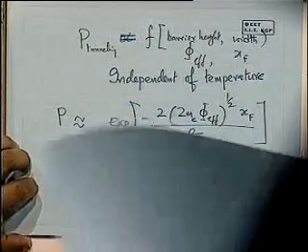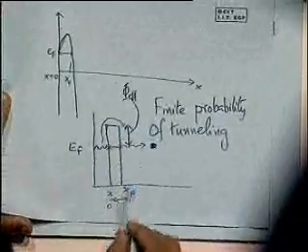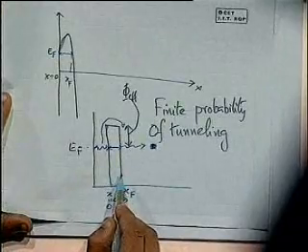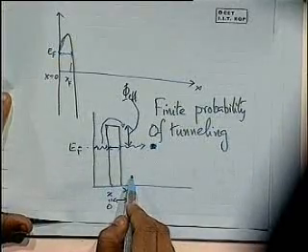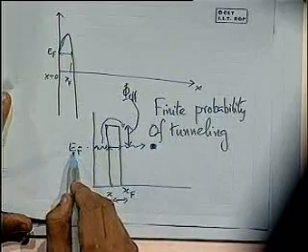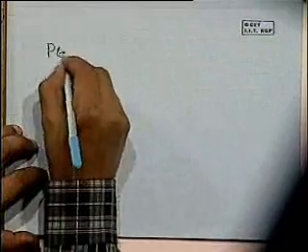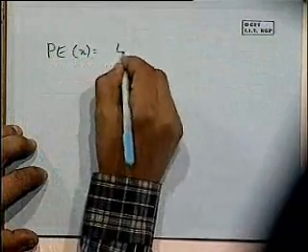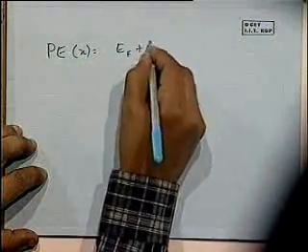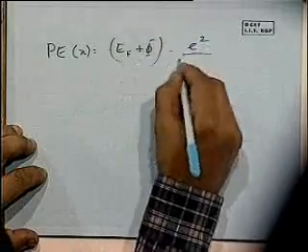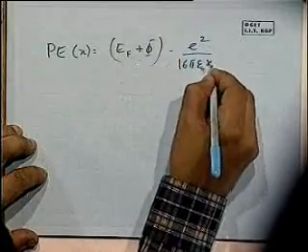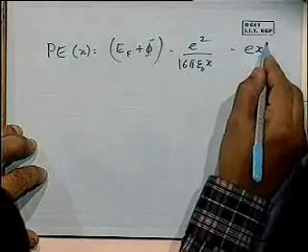How do we define what is xf? If we look back at the figure, we will see that the width of the barrier, when x is equal to xf, at that point the energy term is how much? EF. So if I substitute into the equation for energy, which we wrote earlier, potential energy as a function of x is equal to EF plus phi minus e squared by 16 pi epsilon naught x minus Ex and the field.